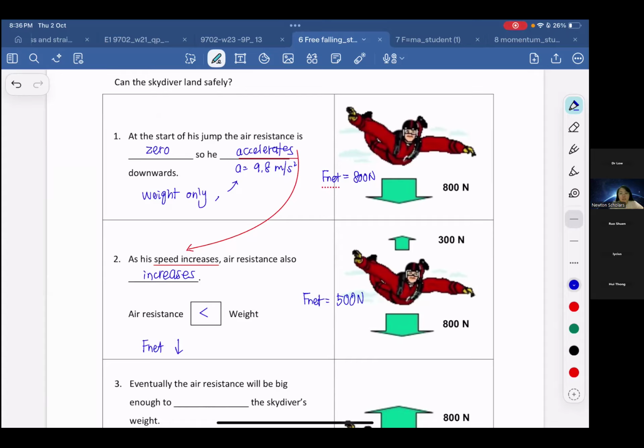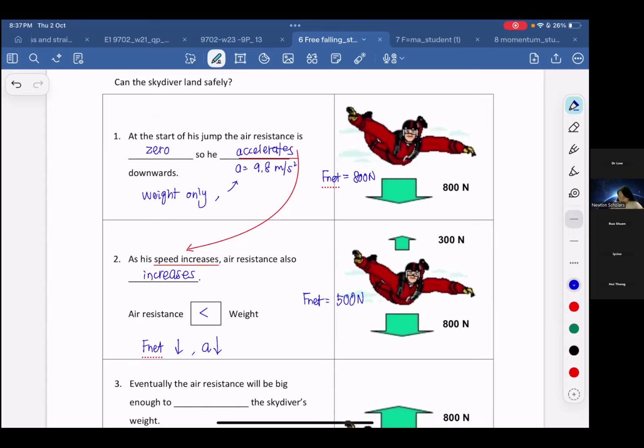When the net force decreases, you will find that the speed is still increasing. It still accelerates, but not that fast. They slow down because the acceleration right now actually decreases.